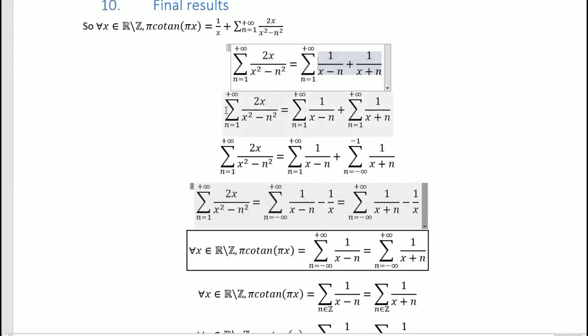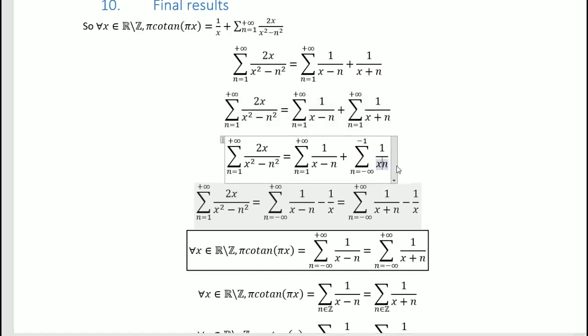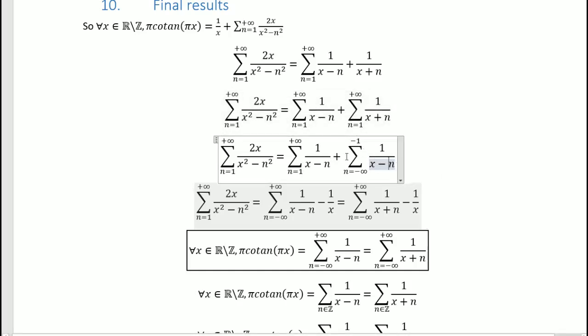So I can just split the sum because both converge. So I can write this by doing a change of variable. Here there's a minus sign, so I do a change of variable, n equals minus n.